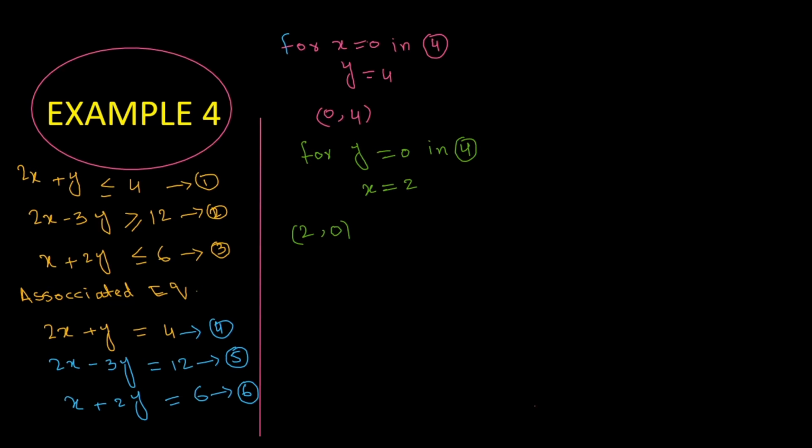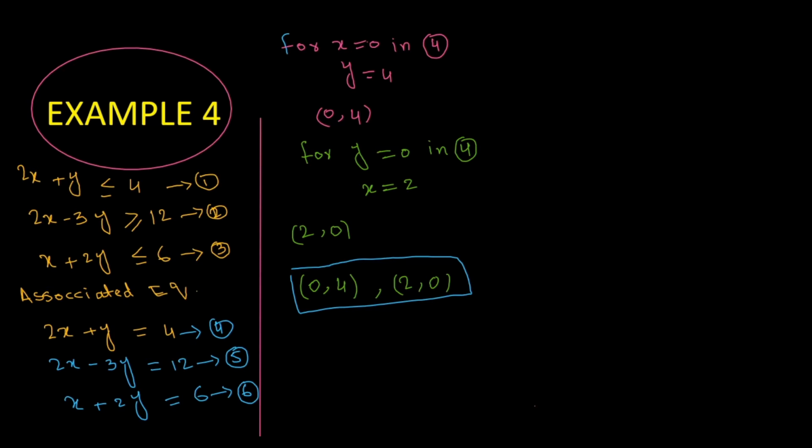For the line 4, we have found 2 points: the first is (0, 4) and the next point is (2, 0). These are 2 points which satisfy equation 4.